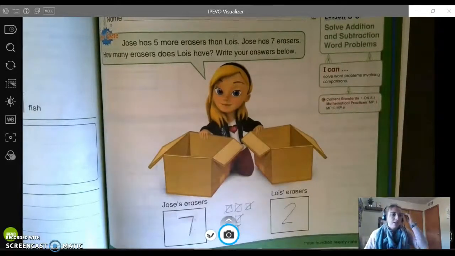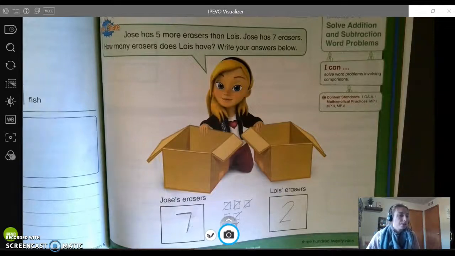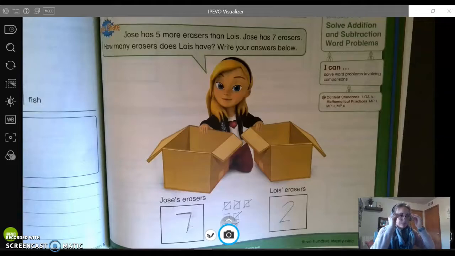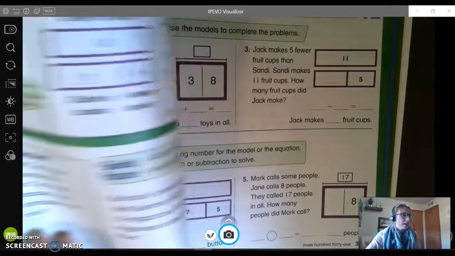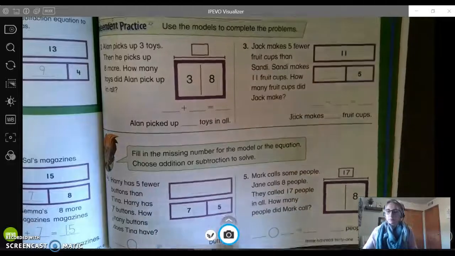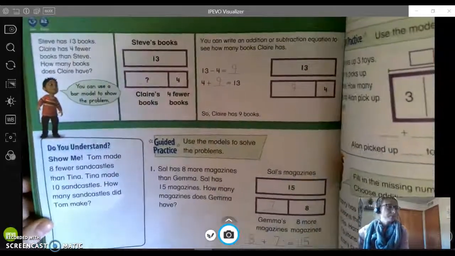So that tells me that Lois has 5 less erasers, which means that she has 2 altogether. Okay? Let me put my glasses on so I can see a little bit better. There we go. So turn our page and let's look at this first one.